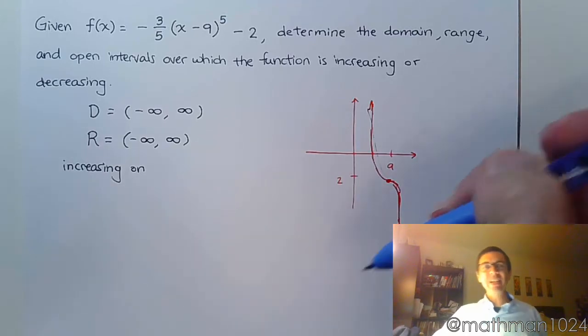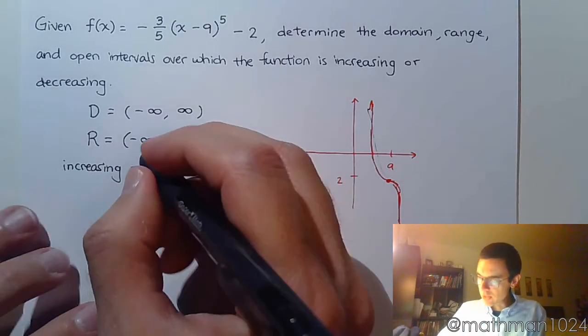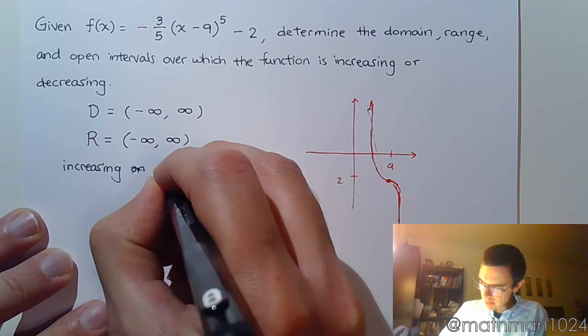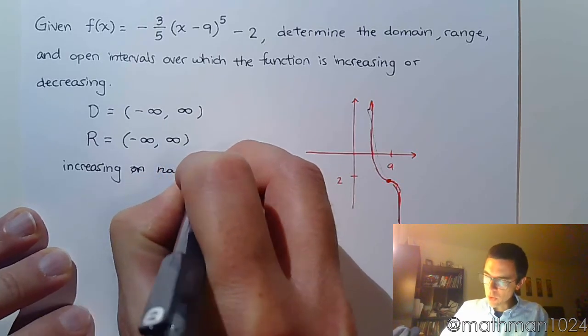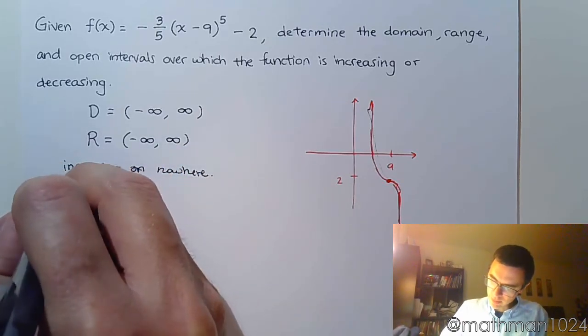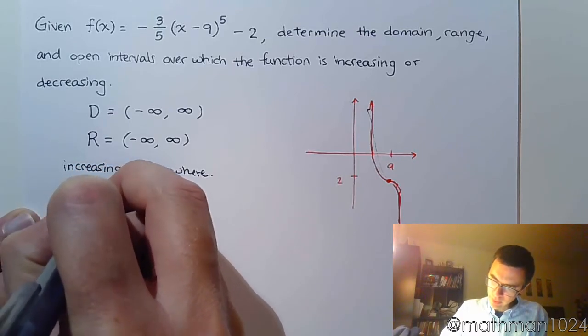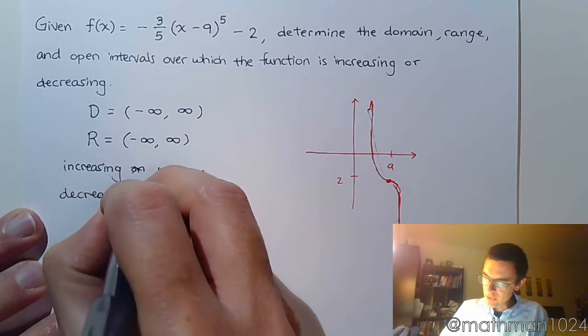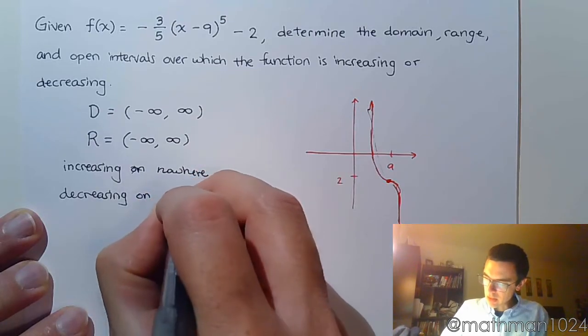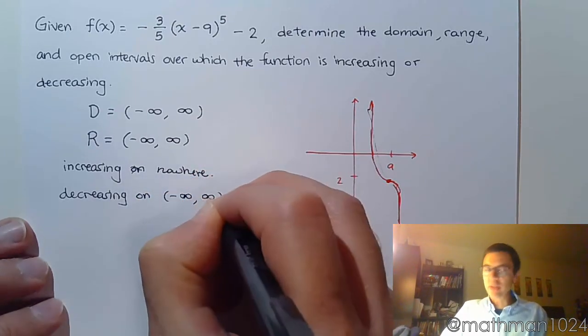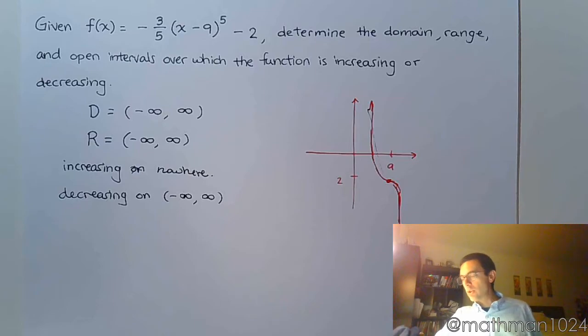So this guy's decreasing the whole way, which means he's increasing nowhere. Because he's decreasing over your entire domain. So for the whole domain, this function is decreasing.